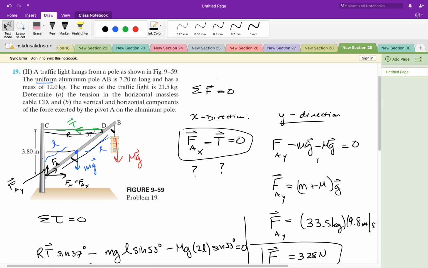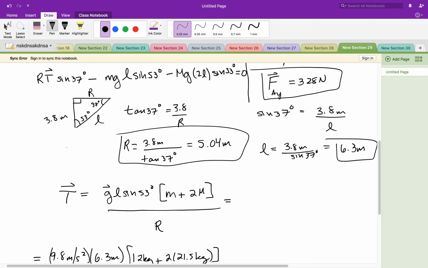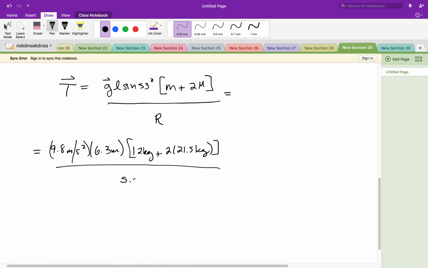All right, so anyway, the small mass is 12 and the other one is 21.5. So this is 12 kilograms plus 2 times 21.5 kilograms. And again, assuming my R and everything is correct here, which I do think it is, but again, I'll go back and check, that's 5.04 meters. So I'm going to plug those numbers in here and see what we get.